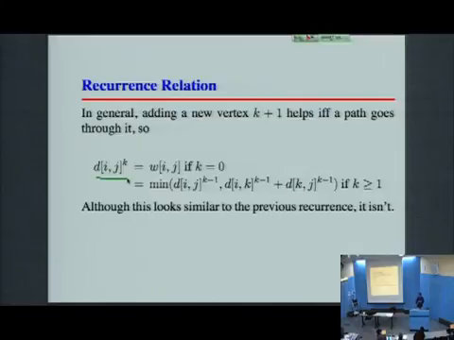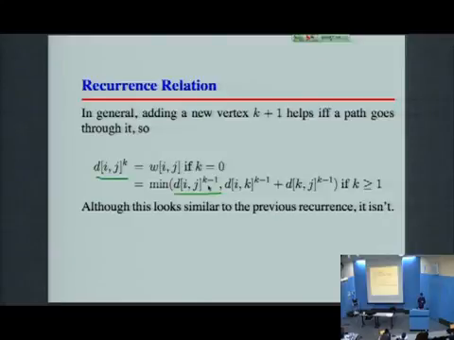If it doesn't go through vertex k, my claim is the distance from i to j, where I'm allowed to go through vertex k, could be the distance from i to j where I don't go through vertex k, right? That's one possibility. If you allow me to go from here to Chicago through San Francisco, I'll say thanks, but there's a shorter path that does not involve San Francisco.